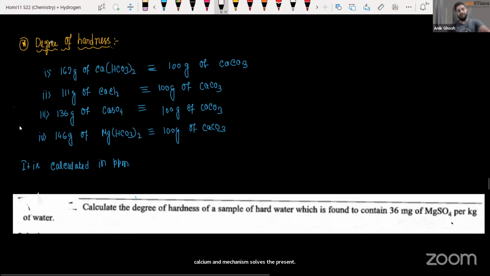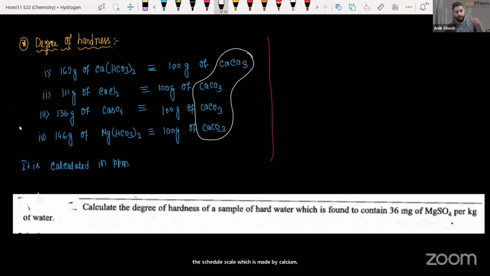But like everything has a scale through which we figure it out, let's say the pH scale. The acidity is found with respect to the pH scale. Similarly, the degree of hardness is found with respect to a scale which is made by calcium carbonate. Just like acidity is found by the pH scale, degree of hardness is found in the calcium carbonate scale.